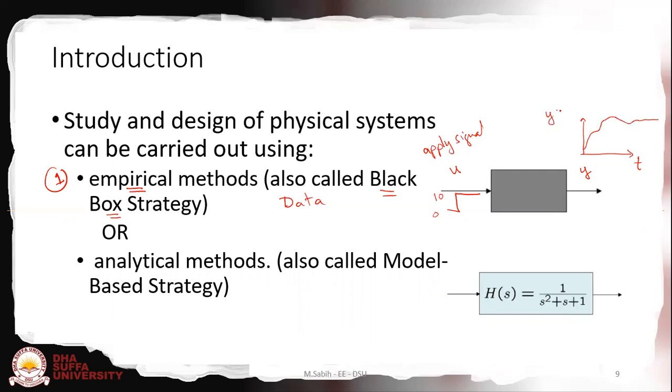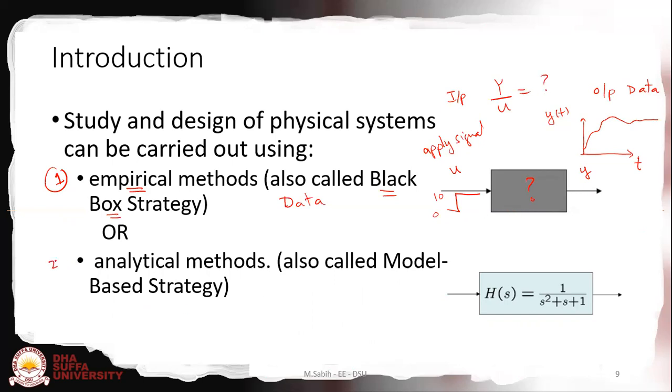So this will be your y of t, and from input and output data, we conduct some kind of identification and figure out कि इसका relationship क्या है, यानी हम ये find out करते हैं y upon u जो है ये क्या होगा, right?